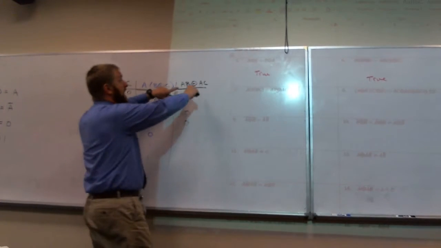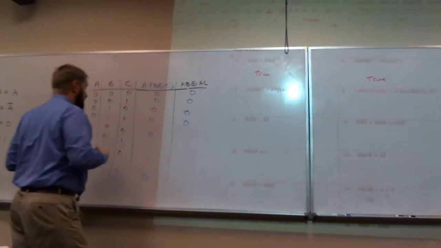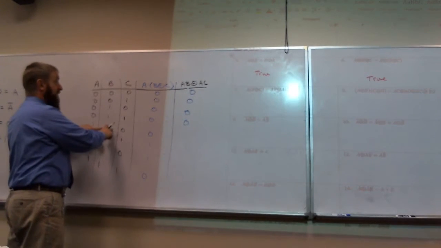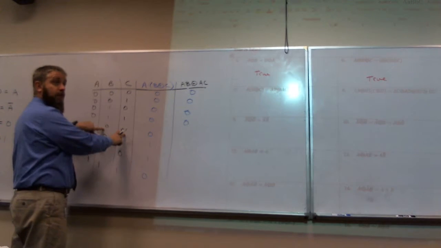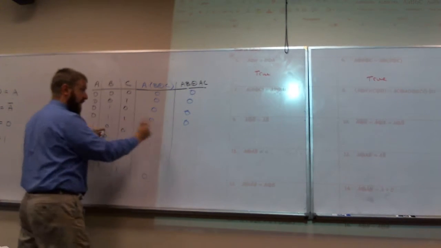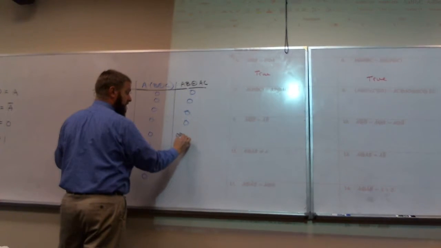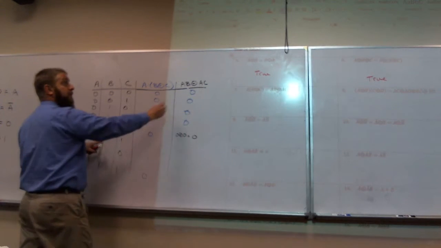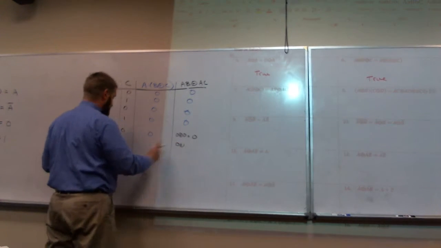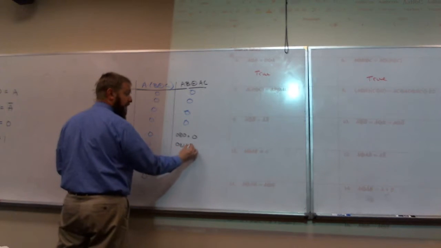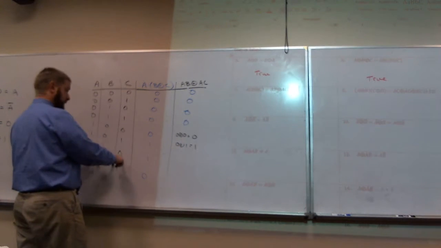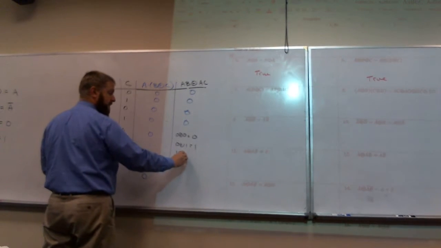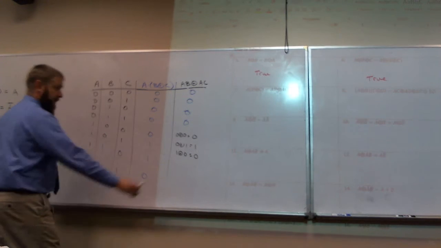If A is 1, then we need to check what's happening with B and C. If A is 1, B and C are 0, we have 0 XOR 0, which is 0. If B is 0, the first term is a 0, C is 1, A is 1, we have a 1, therefore 1. Same thing here: A is 1, B is 1, so I have a 1, C is 0, therefore 1.